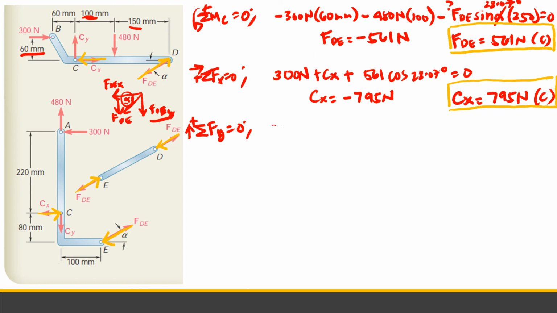So meron tayong CY minus 480 Newton plus yung Y component, which is 561 sine alpha, equals 0.